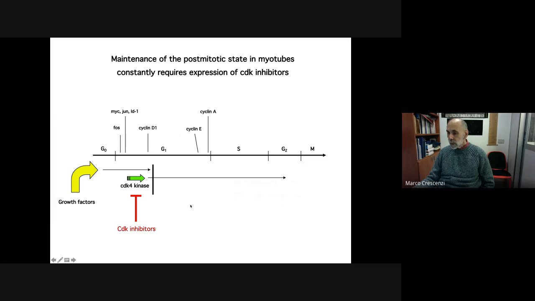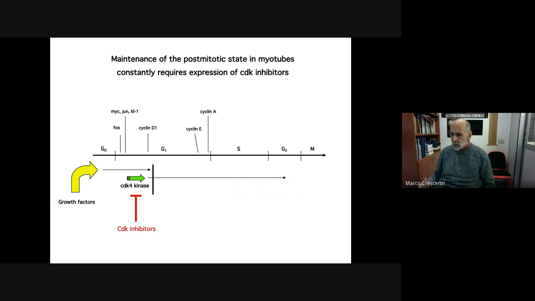Now we had learned why this kinase was unable to be activated, and that was because of the high expression of CDK inhibitors, most importantly P21, which prevented the kinase from being activated.